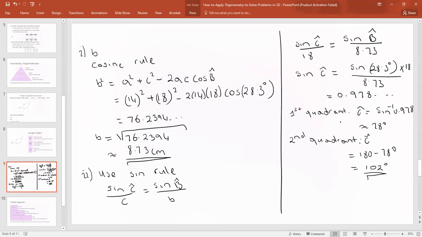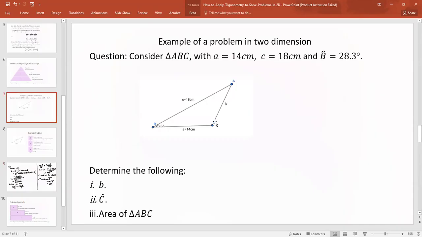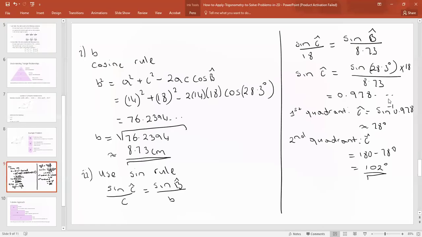So when you compare the first and the second solutions to the trigonometric equation, we can correspond it to the sketch given to us in the statement of the problem. We can see that this angle C is greater than 90 degrees. So for sure, the appropriate solution is the second value.